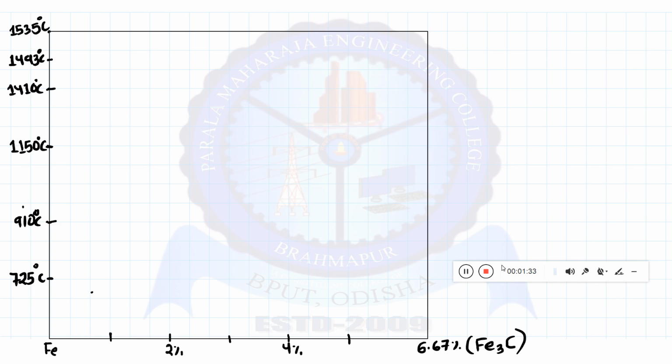Whenever we are talking about any phase diagram, on the x axis we will have the composition, or basically the weight percentage of the solute atom. As you can see, at the zero axis we have Fe, representing 0 percentage of carbon, and this is the percentage of carbon.